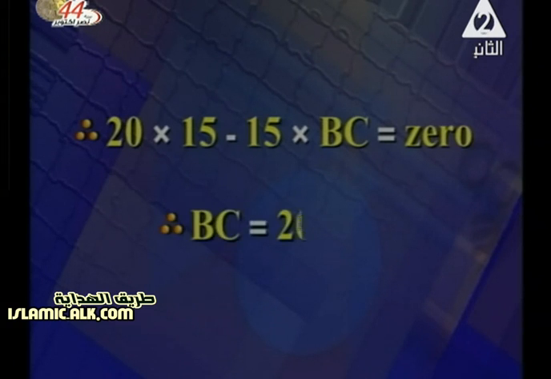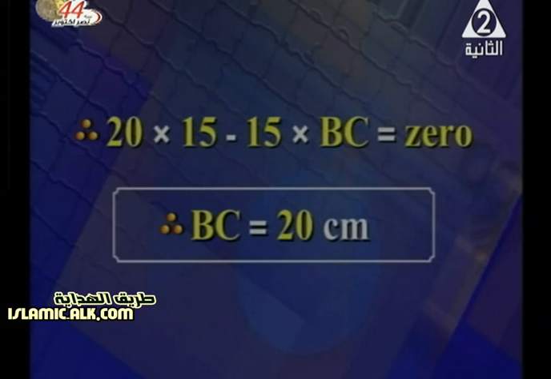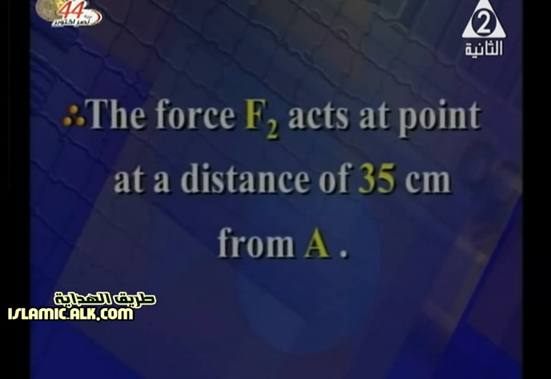Therefore, dear student, we find BC equals 20, because 20 times 15 equals 15 times BC, divided by 15. Therefore, BC equals 20 centimeters. The force F2 acts at a distance of 35 centimeters from point A. Remember, the force F2 acts at a distance of 35 centimeters from point A.